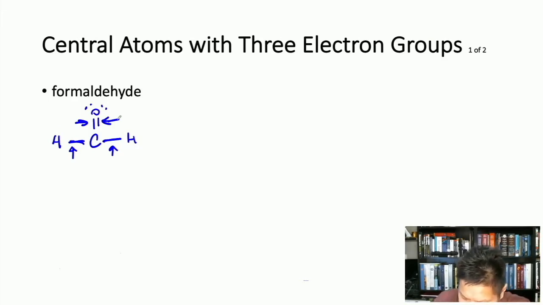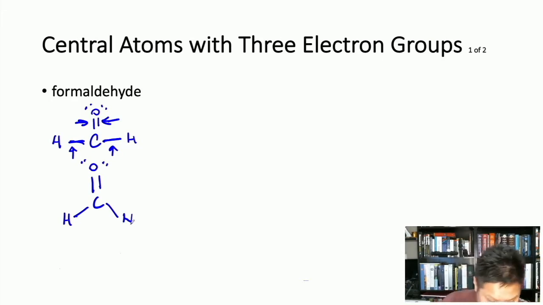To do that, I bend the angle a little bit and I achieve the furthest distance I can with those electron groups without them hitting each other on the bottom side. So for formaldehyde, this is a trigonal planar electron group.